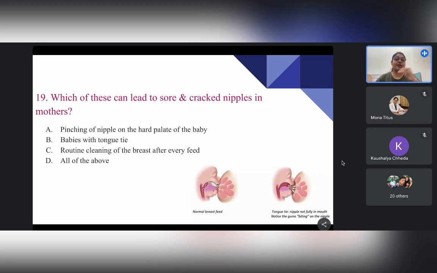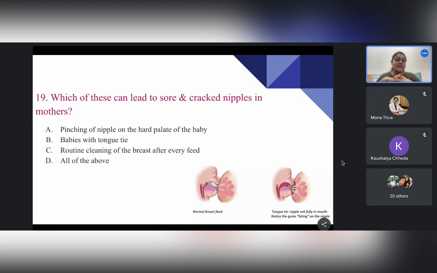This might cause an abrasion or an injury to the nipple. And if it is continuously happening, if the mother is not cautious about it, definitely it will make the nipple inflamed, and that might lead to sore and cracked nipples.